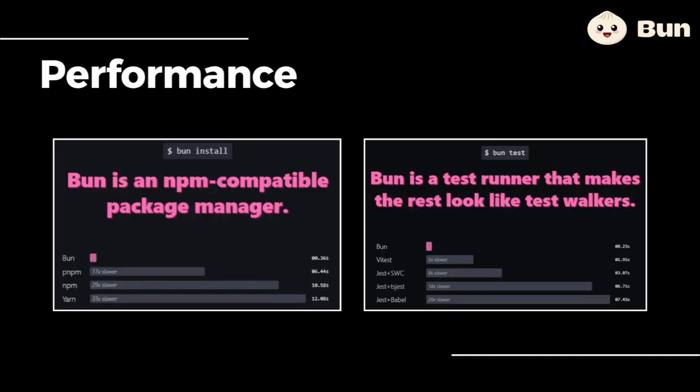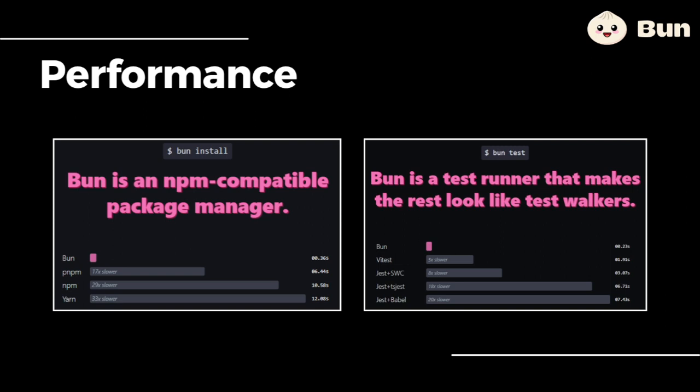And it's not just about execution. When you install packages with the package manager, Bun is 29 times faster than npm, and you can run tests 5 times faster than with Jest.